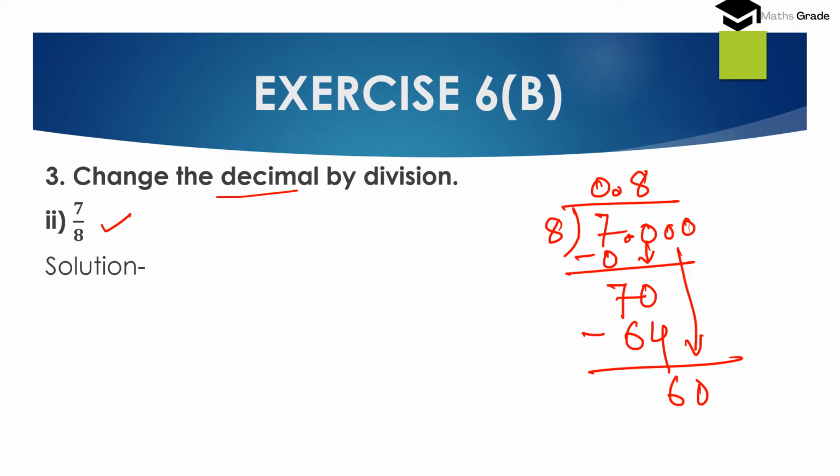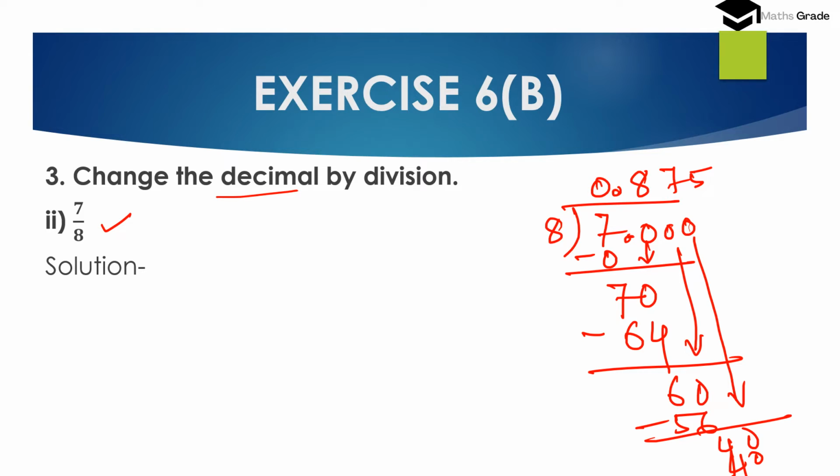8 8s are 64. But 64 is bigger than 60. Now we have to multiply 8 7s, which is 56. 60 minus 56 is 4. Now write this 0, 40. Now in the table of 8, 8 5s are 40.